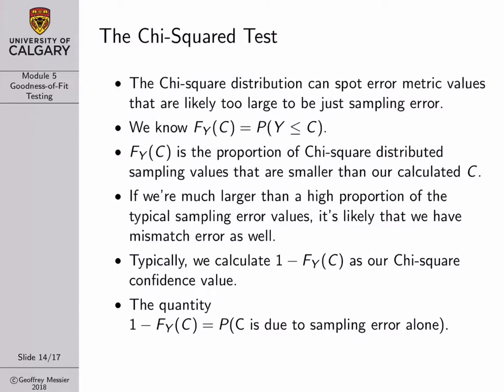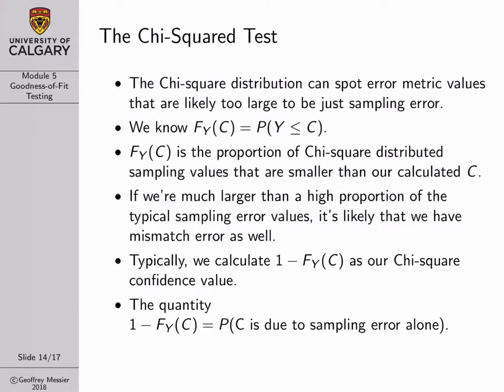And now if C is a little bit too big, if it falls outside that distribution of expected C values a little bit too much, then we start to get suspicious, right? We start to think, okay, maybe there's more than just sampling error here. Maybe we've actually got a fundamental mismatch between our assumed distribution and our actual data. And that's basically how we spot a large value of C.